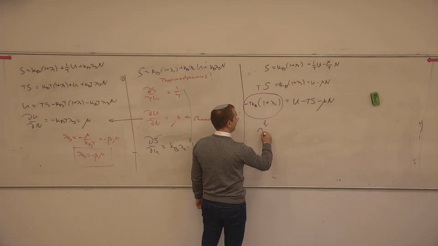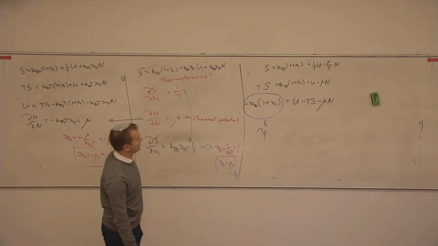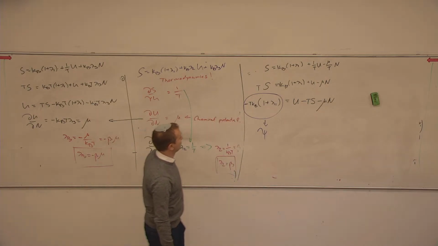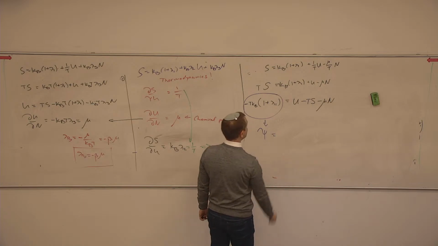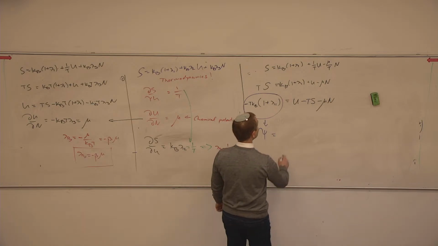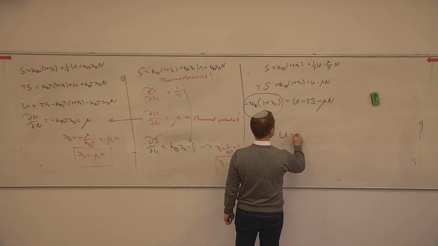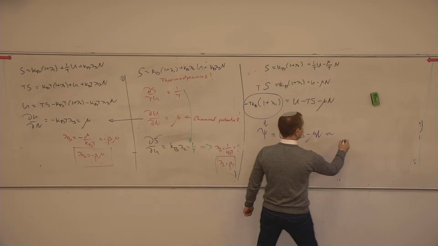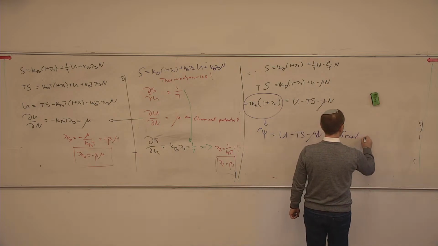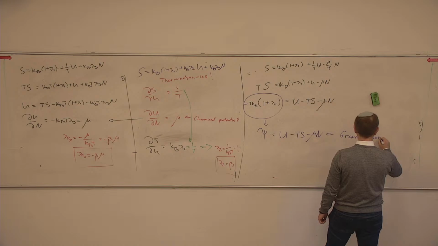Let's call it psi. And what does psi equal? U minus TS minus mu N. We call it the grand canonical potential.